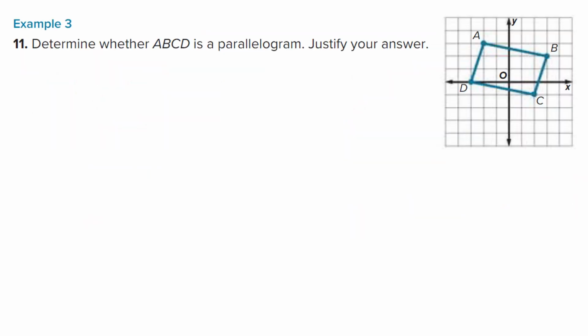Okay, so we can also use the slope formula to determine whether the ABCD is a parallelogram or not. Let's see how we do that. So here in the coordinate plane, you are given the coordinates of the four corners or the vertices of the parallelogram.